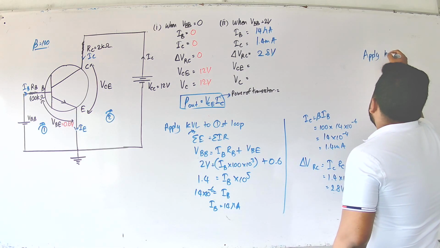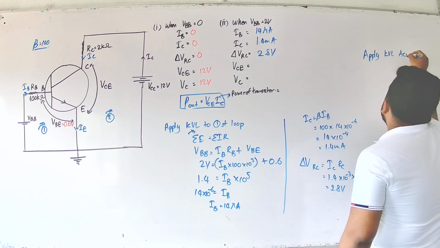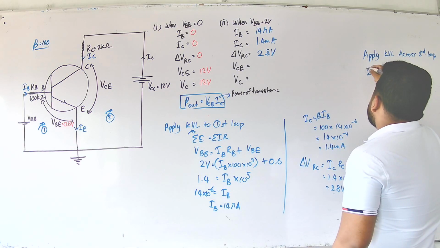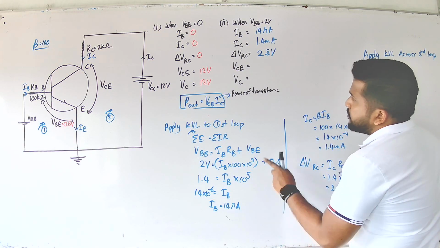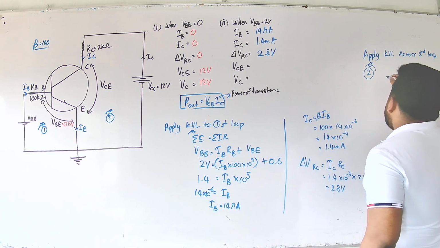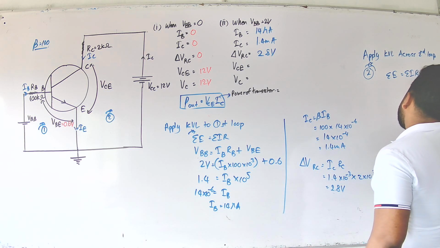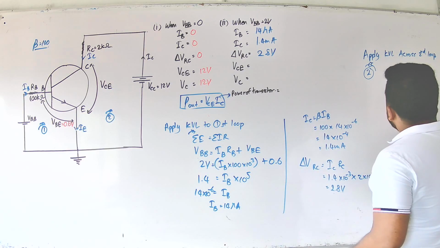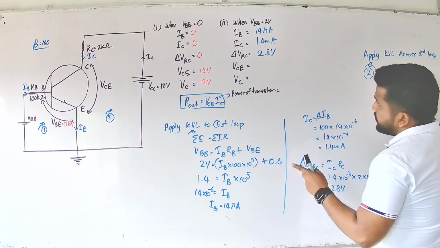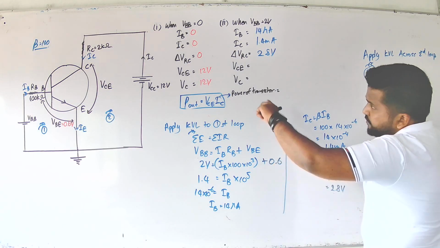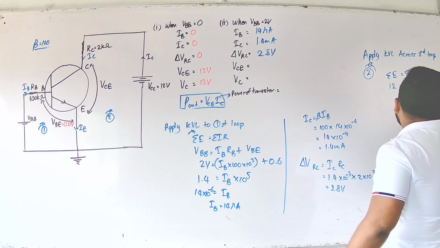Apply KVL across the second loop. Sigma E equals sigma IR, so 12 equals ICRC plus VCE.